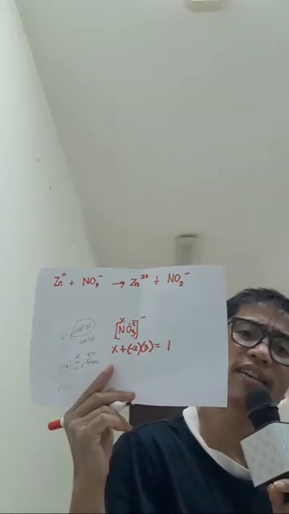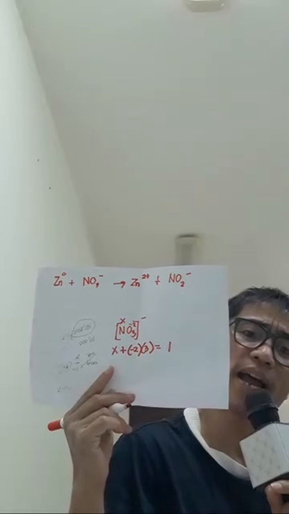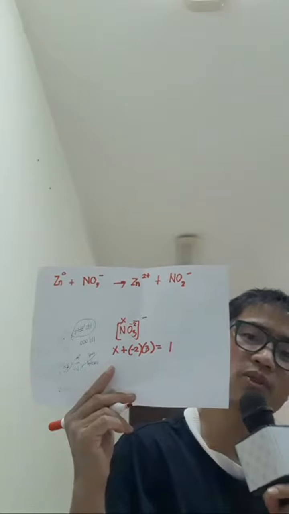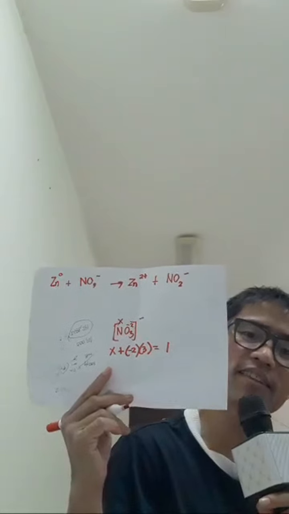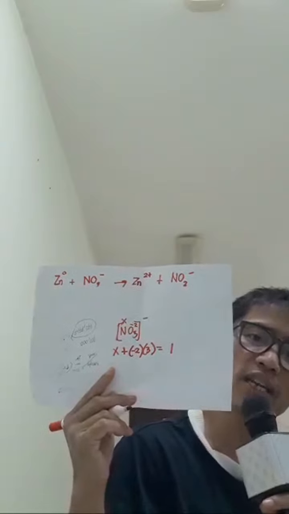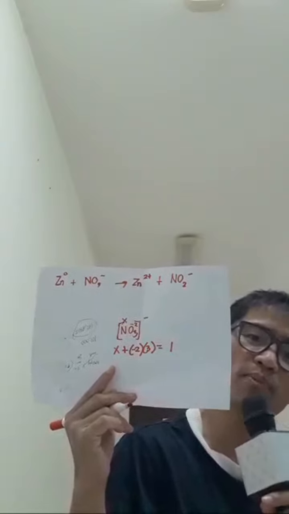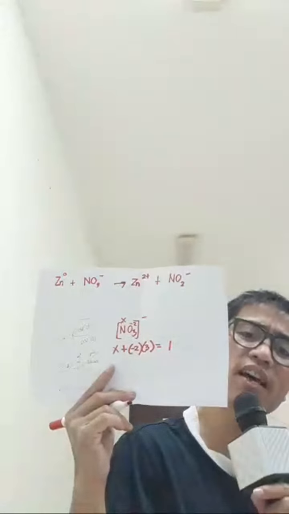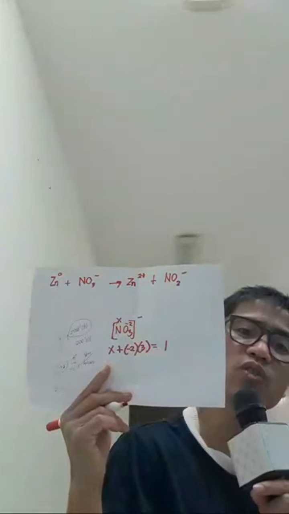Since 1 is irrelevant, it is just x, because that is only 1. So x times 1 is simply x, right? x plus negative 2 times 3, the subscript of oxygen, is equal to negative 1, which is the total charge of this polyatomic ion. So solve for the value of x.